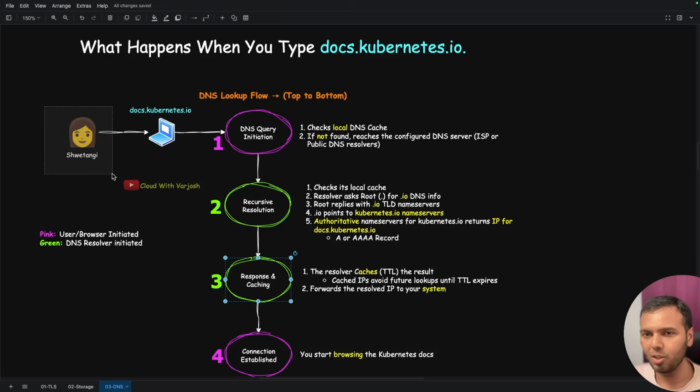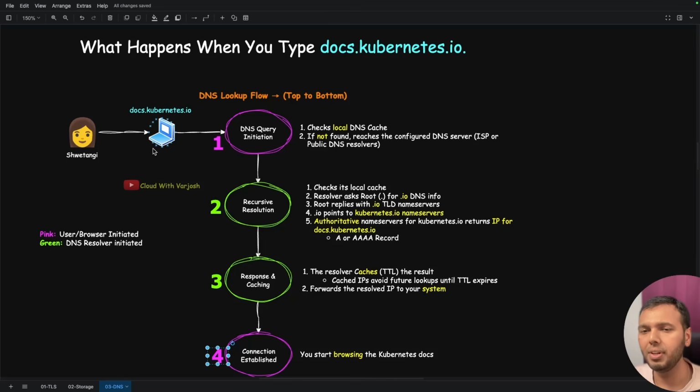Here we have a user Shwetangi, and Shwetangi user wants to access docs.kubernetes.io. Now what will happen when she does this? We will discuss in these 4 steps. First is DNS query initiation. What the laptop or the system will do is it will check its local cache whether I have the IP address for docs.kubernetes.io.